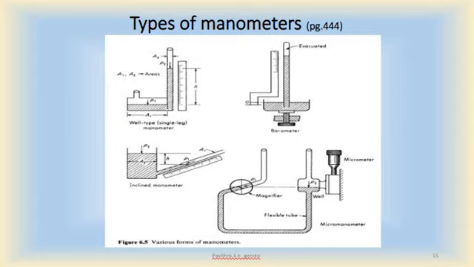Here also you can see an inclined tube is present, and the well is also present. The difference is that here the well and this inclined tube are joined through flexible tubing.